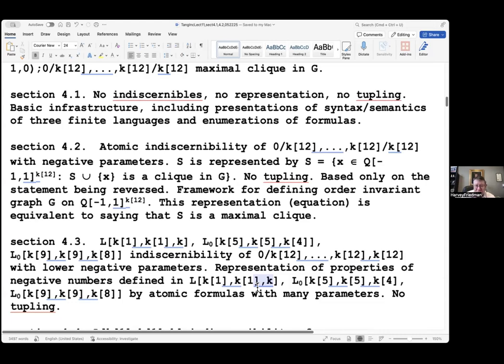It's represented by this equation. We have no tupling, and this is based only on the statement being reversed. So this is all preliminary stuff.